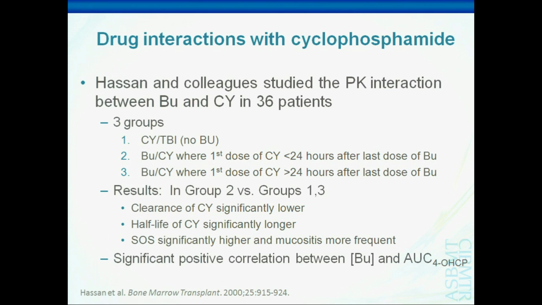The half-life of cyclophosphamide was significantly longer, and sinusoidal obstructive syndrome was significantly higher and mucositis more frequent in this group. And they also found that there was a significant positive correlation between the concentration of busulfan and the AUC of 4-hydroxycyclophosphamide, which is the active metabolite of cyclophosphamide.